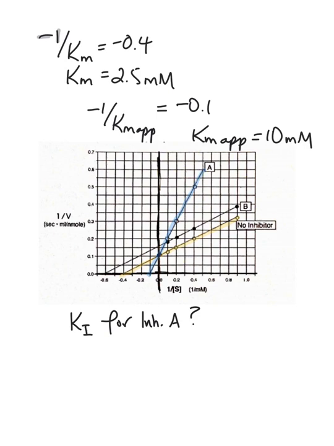So for this type of inhibition, you're looking at that inhibitor and you're seeing that compared to the no inhibitor situation, your Km has changed. The Km apparent is Km times alpha. So in the presence of this inhibitor, your Km has increased.